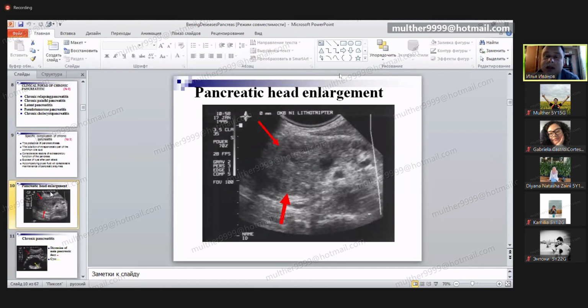We need to examine the level of lipase, amylase, C-reactive protein, and other main laboratory investigations for detection of the inflammatory process.